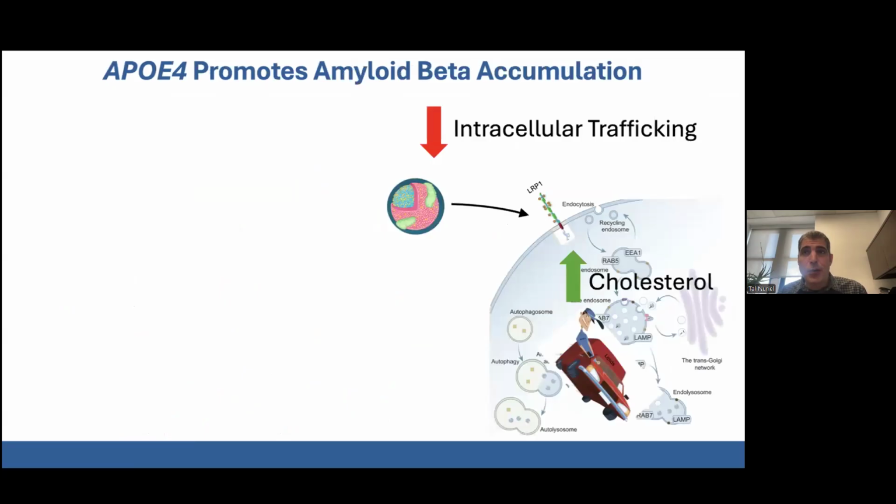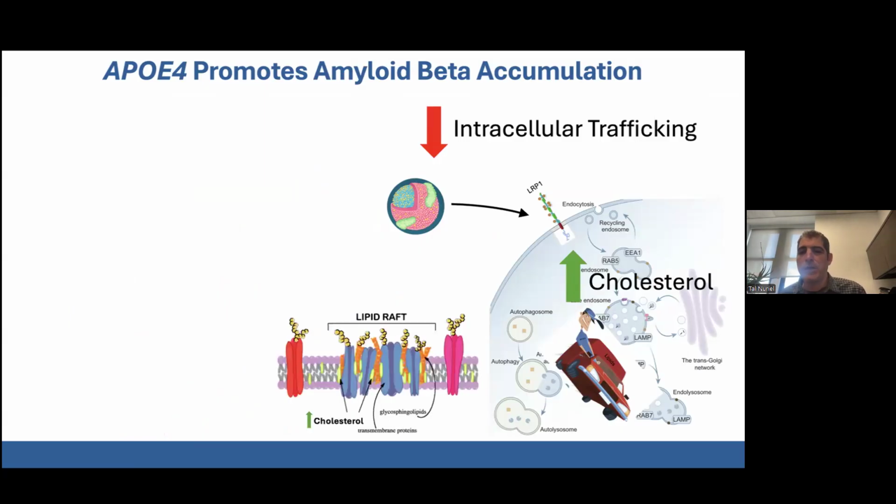And then there's also potentially, or pretty definitively, a more direct route, I think, which is this cholesterol. I was talking before about lipid rafts, which are these cholesterol-rich regions in the lipid bilayer. One of the things among many that happens in a lipid raft is the production of A beta.